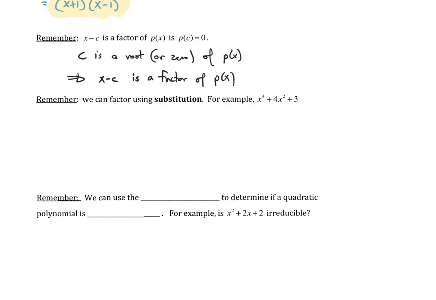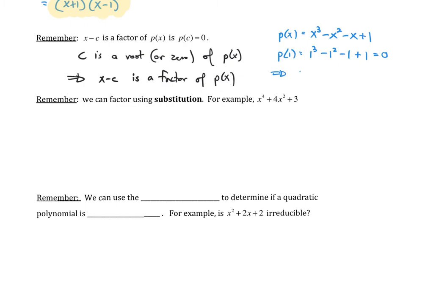For example, if you had some polynomial like p of x equal to x cubed minus x squared minus x plus 1, notice what happens if I plug a 1 in for x. I'm going to get 1 cubed minus 1 squared minus 1 plus 1. When you simplify that, you get 0.